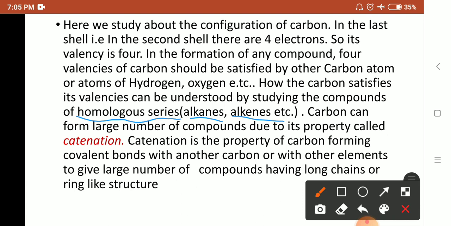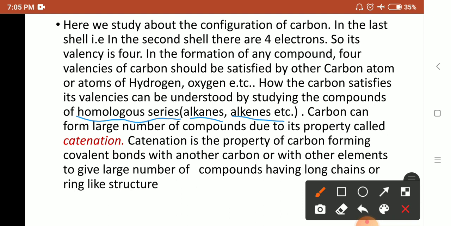Now, carbon can form a large number of compounds due to its property called catenation. So, what is catenation? It is the property of carbon forming covalent bonds with other carbon or with other elements to give a large number of compounds having long chains or ring structure.